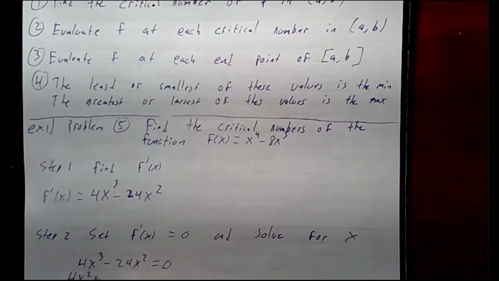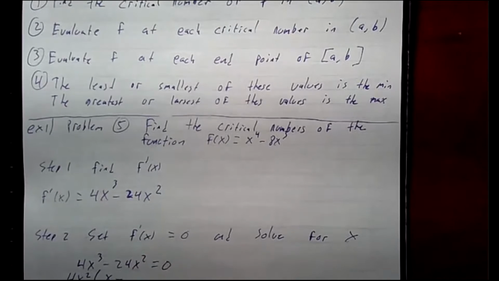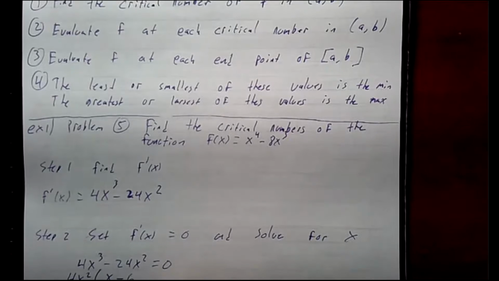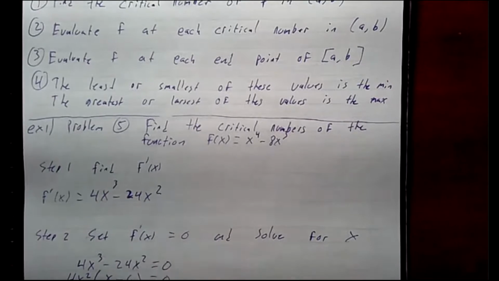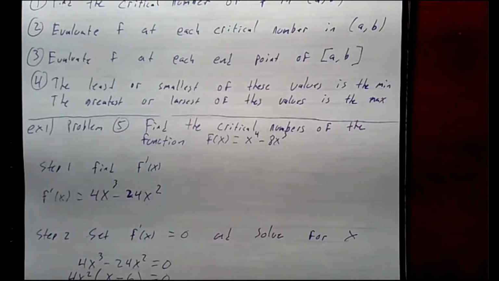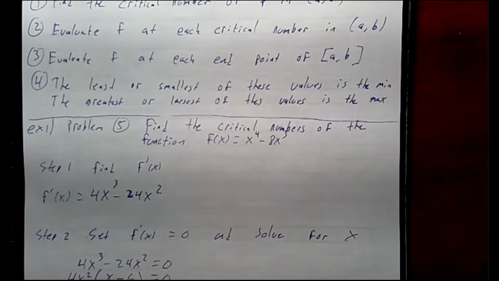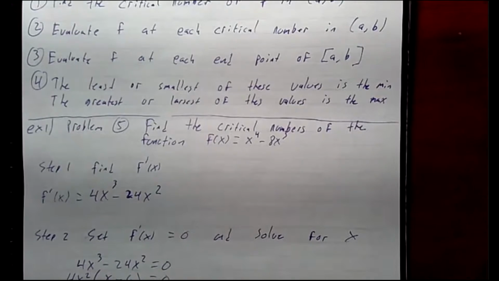Factor out 4x squared, and that gives us x minus 6. So 4x squared equals 0. X minus 6 equals 0.